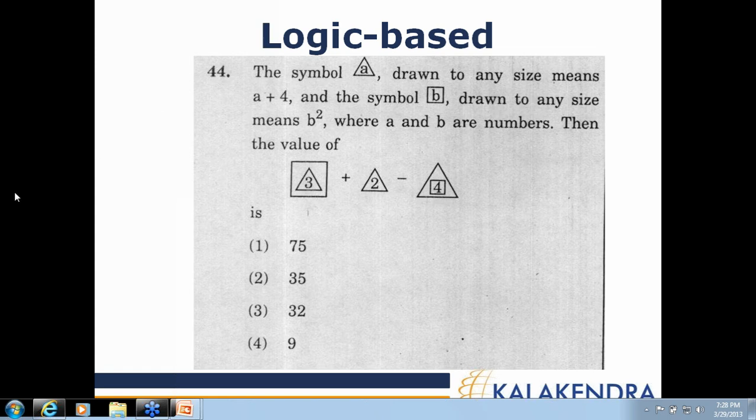Okay, I guess Banu actually pulled down his hand. So okay, let's focus on the question at hand here in terms of the logic-based question.